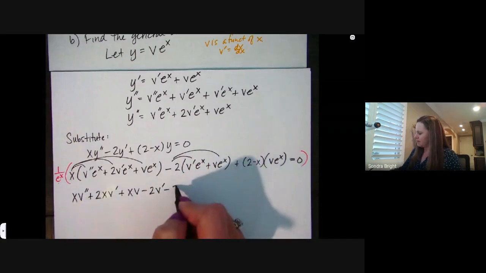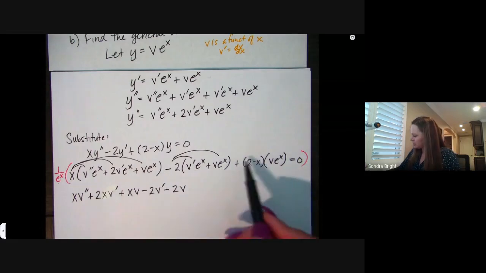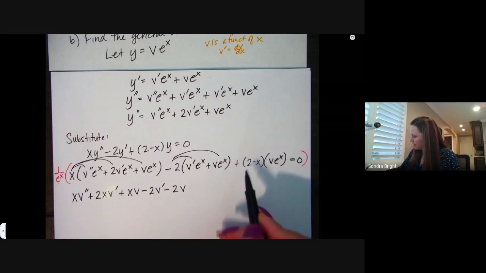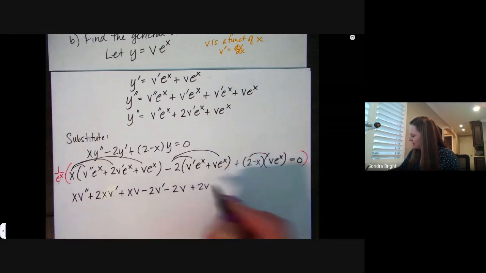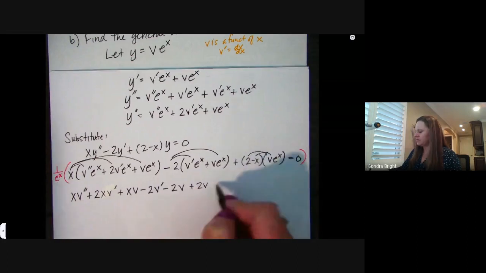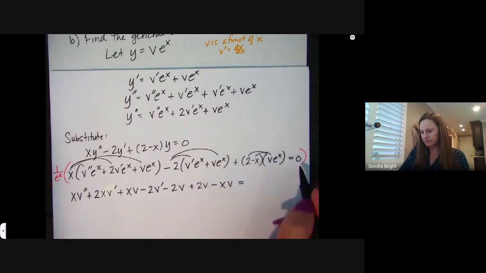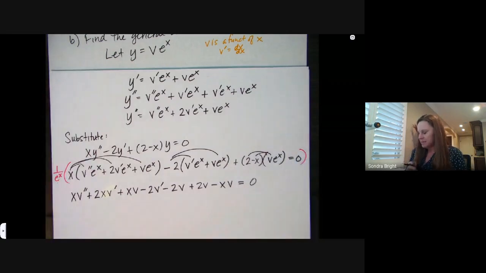And then same thing here, divided by e to the x here, so got rid of that, but then distribute a 2 into there, so a plus 2v, and distribute a negative x into there, so a negative xv, and then 0 divided by e to the x is still 0. All right. We can simplify this.